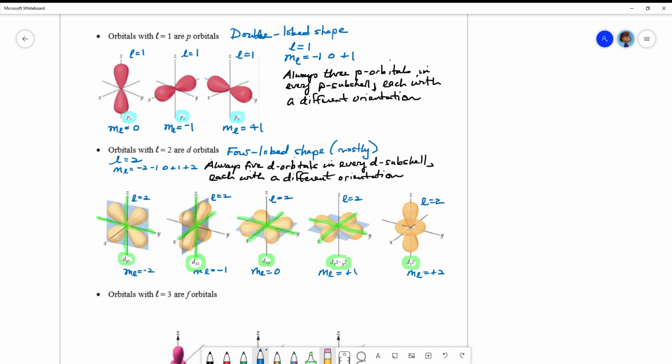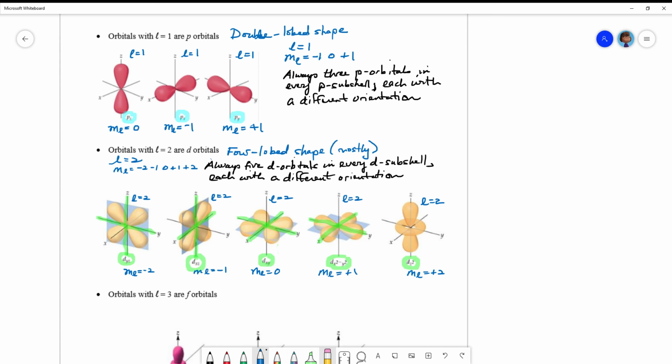And once again, these are arbitrary. I could have just as easily made the dz squared m sub L value 0 instead of +2. It's meant to indicate differences in each of these d orbitals, where the difference is orientation.